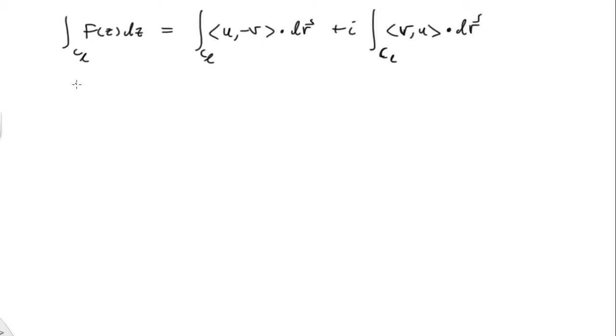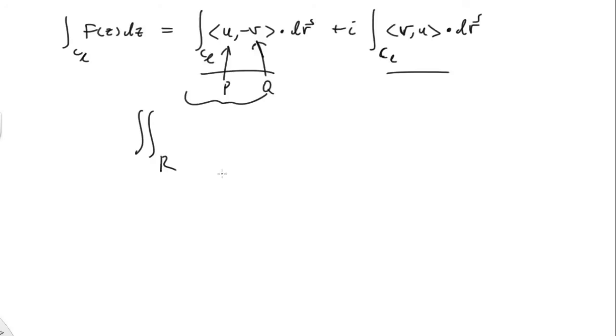Now we're going to use Green's theorem on both of these integrals. In this case, that's our P and that's our Q. So for this integral, we write the area integral over the region enclosed by the closed path of negative vx minus uy, that's our scalar valued integrand, dA.